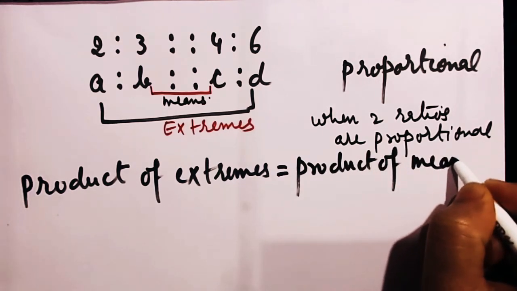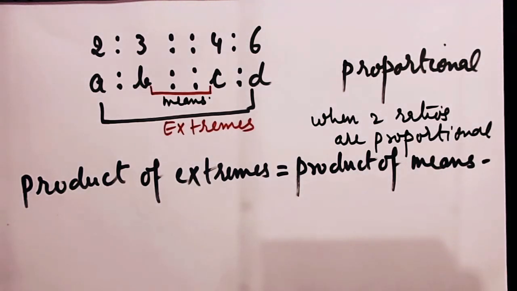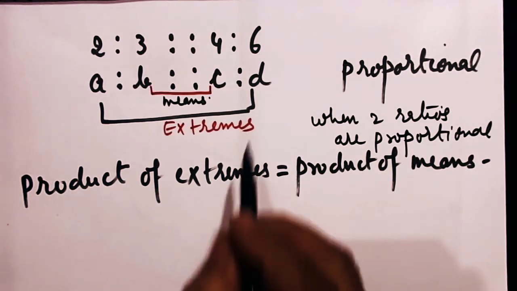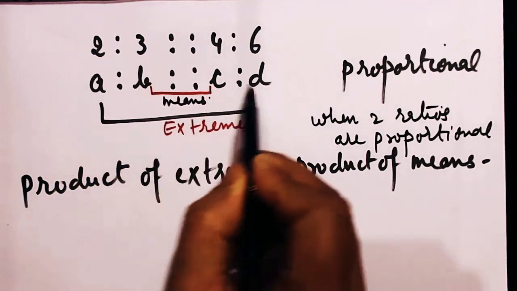Now this is very, very important. Why? Because we shall be using this regularly to find any of these values when the other values are given.